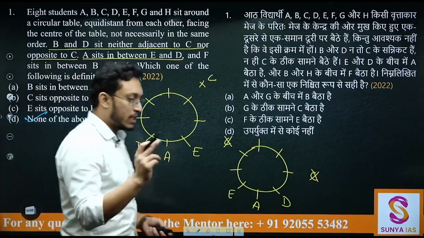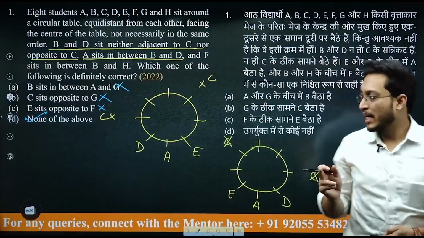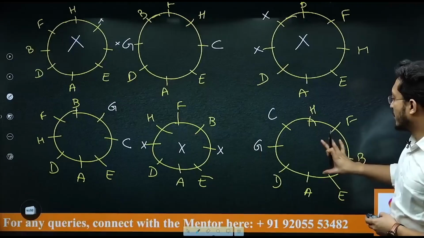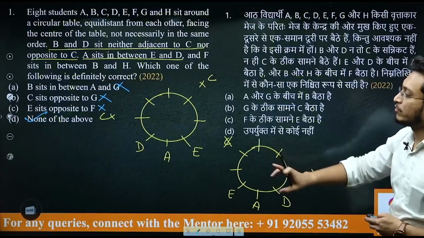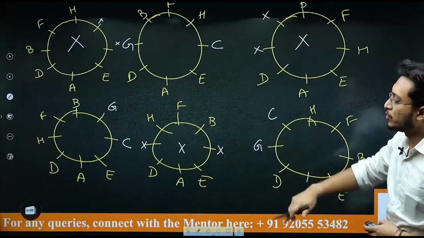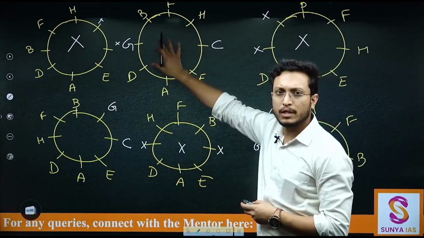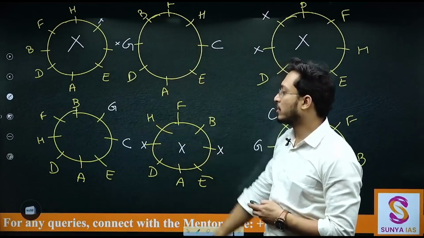नाउ अब इसमें गलती क्या होगी आपसे? आप अगर एक ही केस बना दोगे, लेट्स से आई मेक दिस केस, तो आई माइट एंड अप गेटिंग वन ऑफ दीज एज करेक्ट. जैसे कि C sits opposite to G. If you are making this case only, you might end up marking C sits opposite to G as the correct answer.